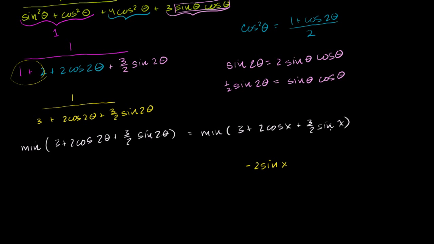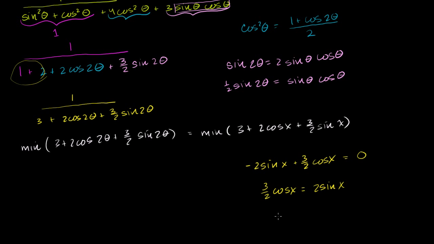The derivative of 3/2 sine of x is going to be plus 3/2 cosine of x. And then that is going to be equal to 0. We want to find where the slope is 0, because that's either going to be a maximum or a minimum point. And let's see, we could add 2 sine of x to both sides. So we get 3/2 cosine of x is equal to 2 sine of x.